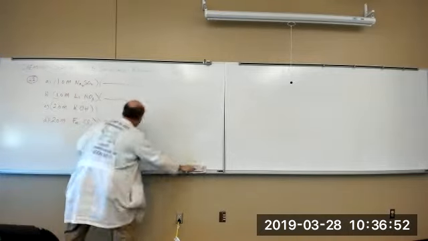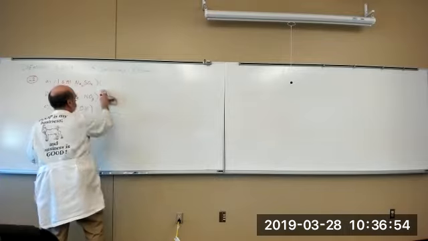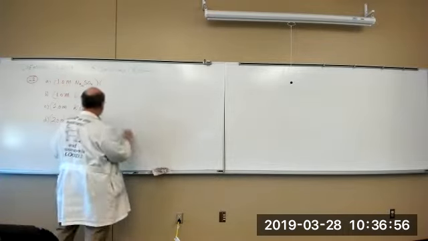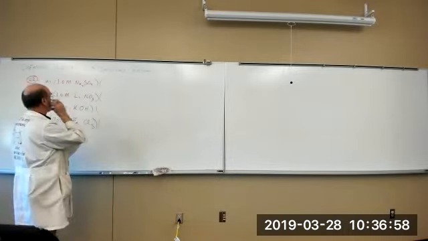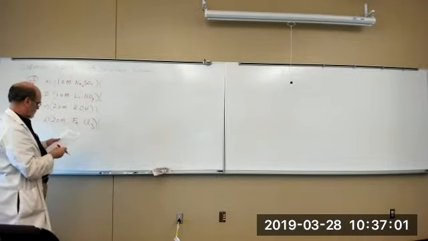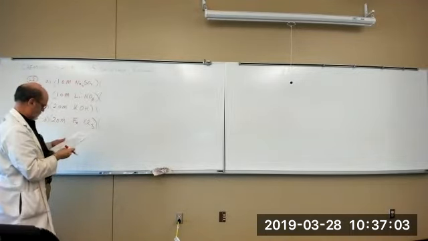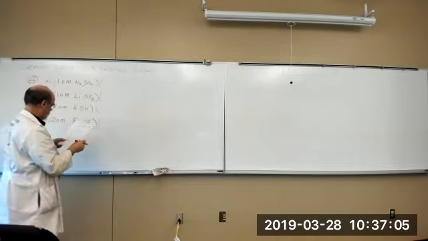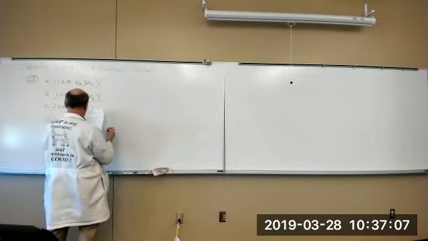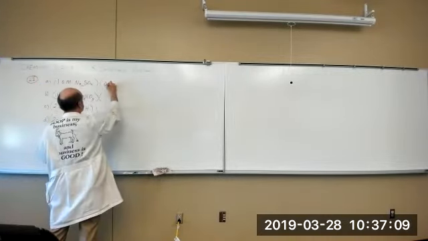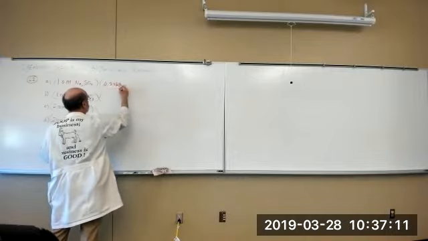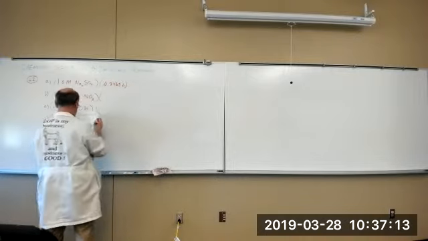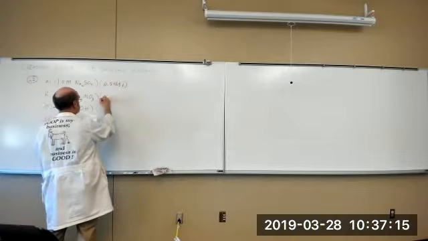Let's see, no, that's not right. We're just going to have a volume in here of, let's see, here we go, milliliters. So the first one is 0.2468 liters, 5398.